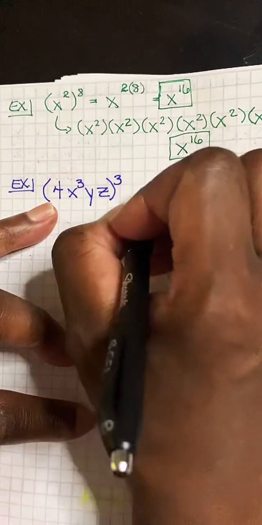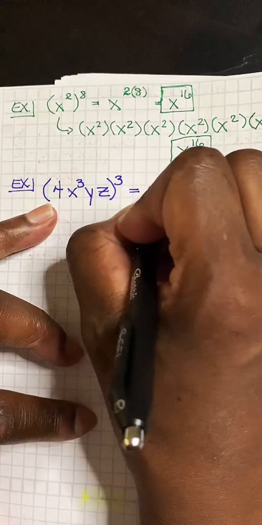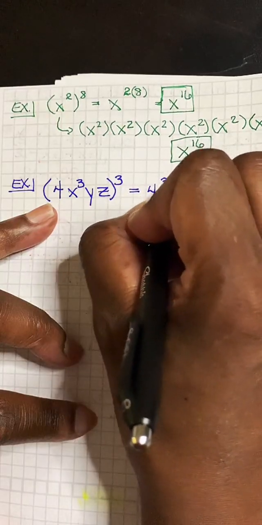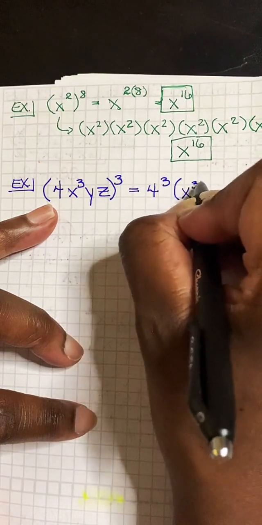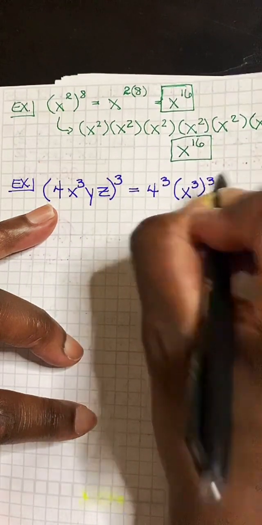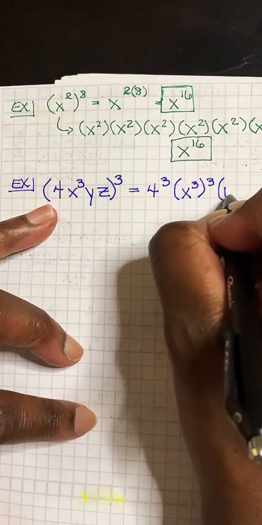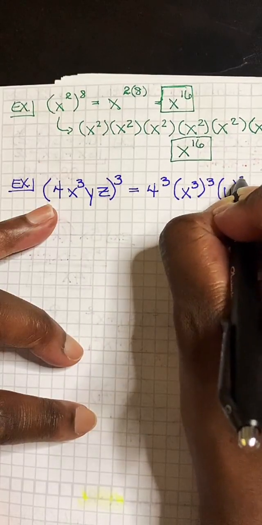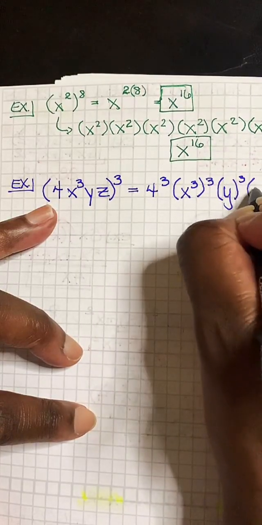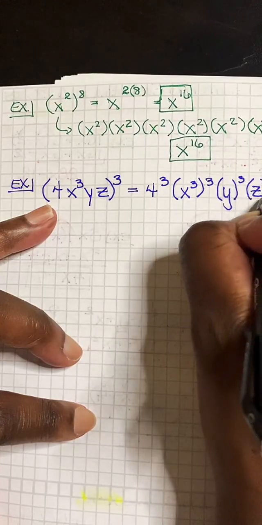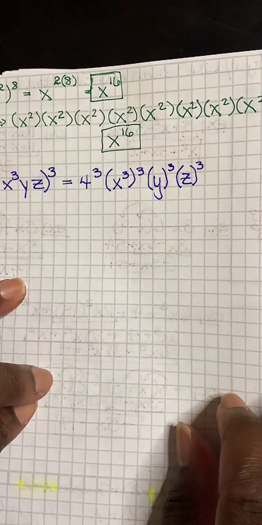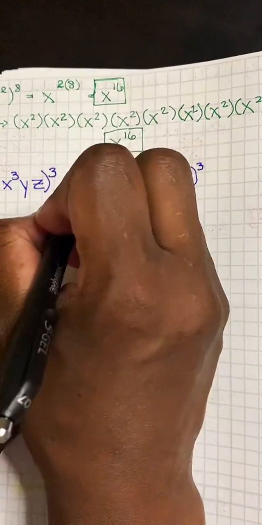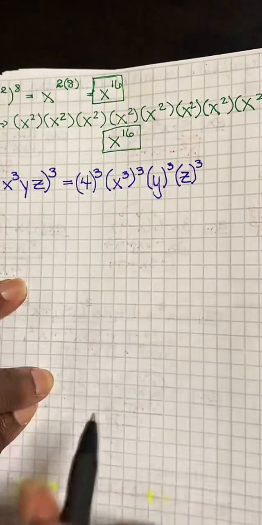We're going to have our 4 being raised to the 3rd power, x to the 3rd raised to the 3rd power, the y raised to the 3rd power, and the z raised to the 3rd power. Okay? So, put parentheses around that.